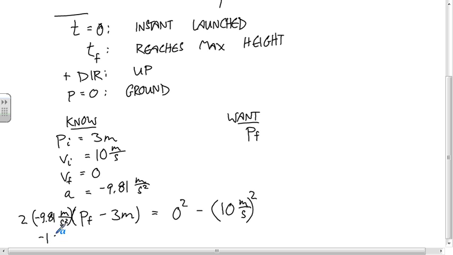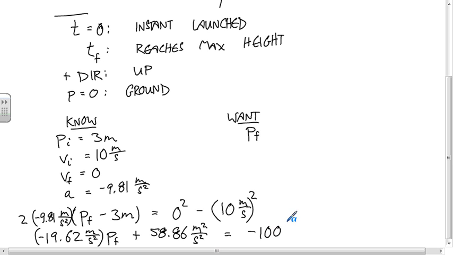But you get negative 19.62 meters per second squared times PF plus 58.86 meters squared per second squared is equal to negative 100 meters squared per second squared. Any questions about what I did with that algebra?